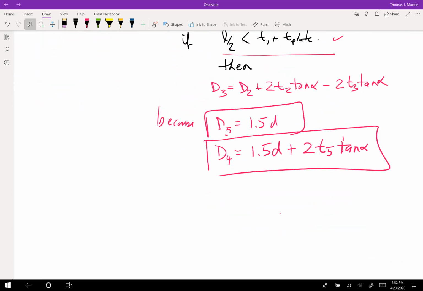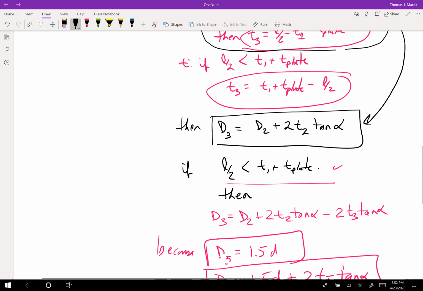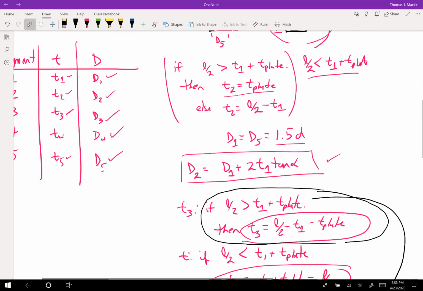The only thing left for us is T4. T4 would just be equal to the grip minus T1 minus T2 minus T3 minus T5. So that gives us T4. It doesn't matter which side you happen to be on in this particular frustum. So now we have everything we need and we can just go to the spreadsheet.